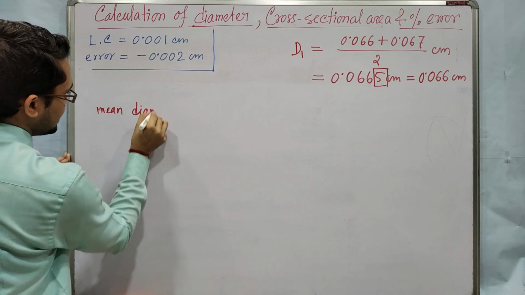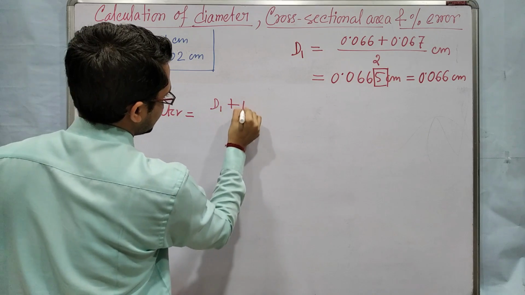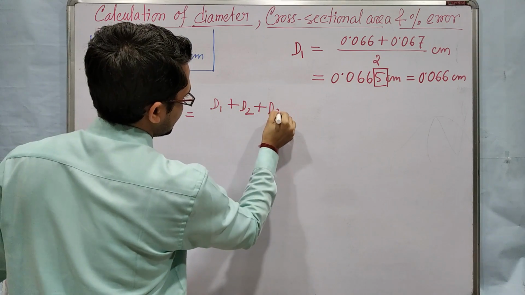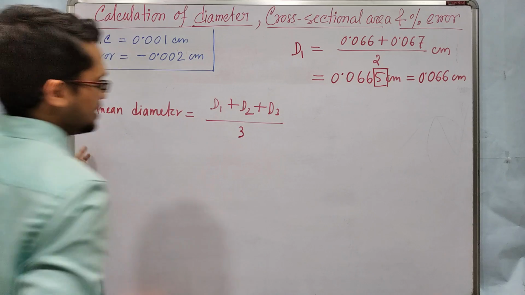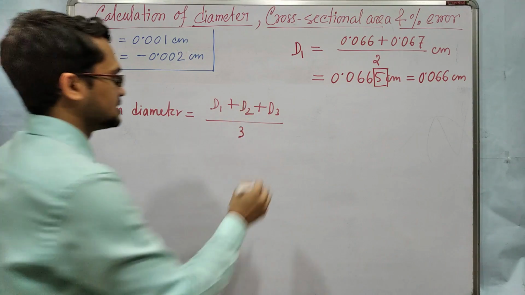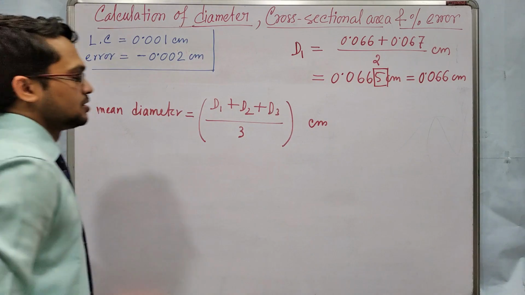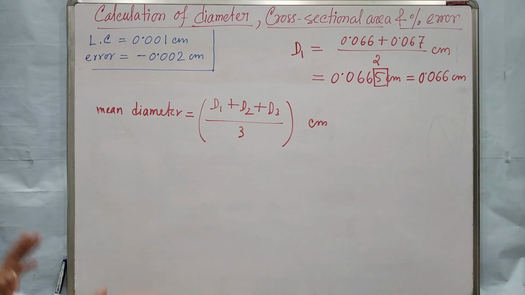Mean diameter will be D1 plus D2 plus D3 by 3, because we have taken 3 serial numbers, this much centimeter. So the calculation of diameter is finished.